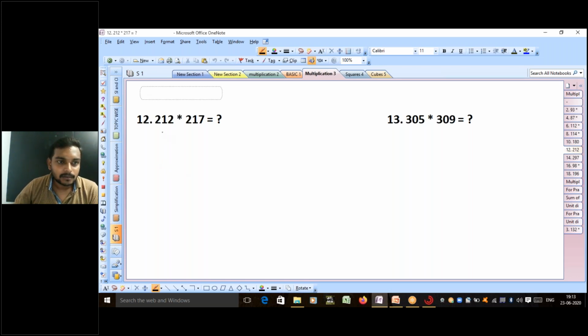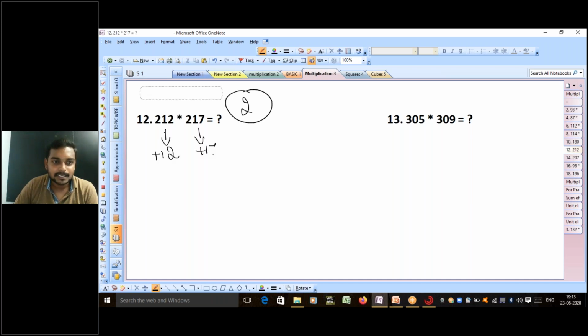Here we have 212 multiply with 217. Just take base as 200. Remember that we have to multiply left hand side number with 2. So from 200 it is 12 more, and from 200 it is 17 more. You have to multiply 17 with 12. Resultant will be 204. But we are supposed to write only 2 digits, and 2 will be the carry forward.